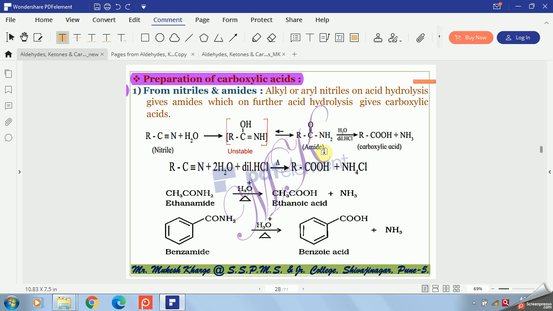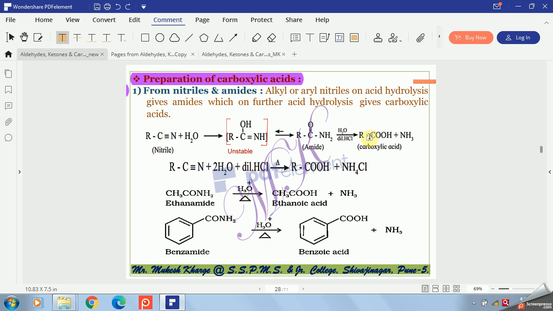Okay, and this amide undergoes hydrolysis in presence of acid, that is acid hydrolysis. So we break the carbon-nitrogen bond of that amide and convert RCONH2 to RCOOH. Again we see that this carbon is an electron deficient center because it is attached with two electronegative atoms, oxygen and nitrogen. So OH will attack this carbonyl carbon, and hydrogen gets added to NH2.